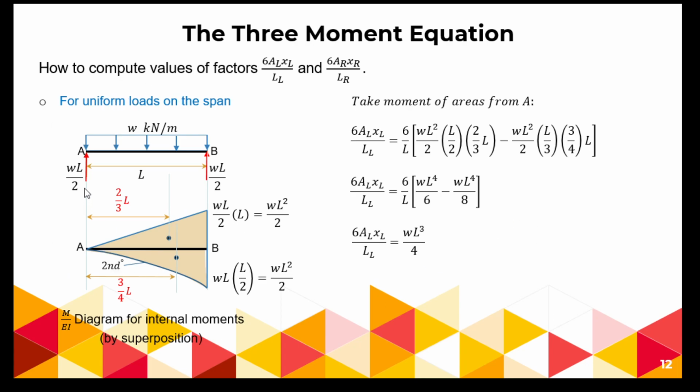Factor to the left because we made point A here as our reference. So, factor to the left is equal to WL cubed over 4. Amo ng formula kung uniformly distributed siya. Again, that is only the factor. Hindi na siya ang 3-moment equation. That factor will be substituted dito sa aton nga 3-moment equation.